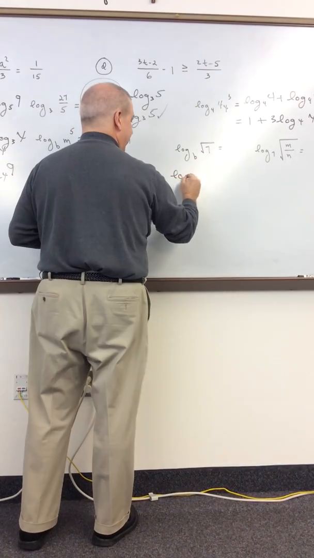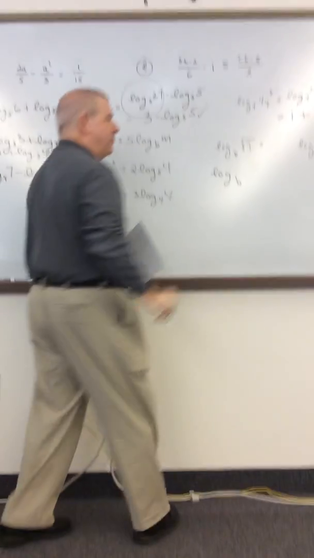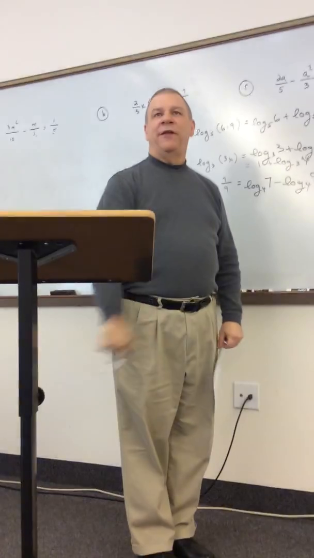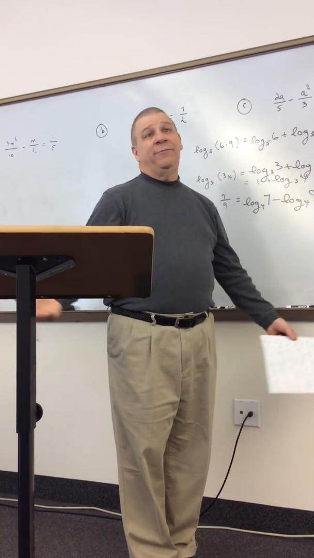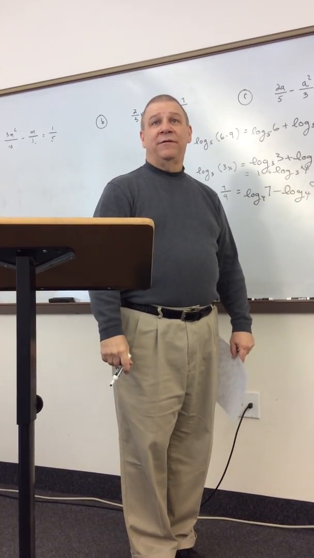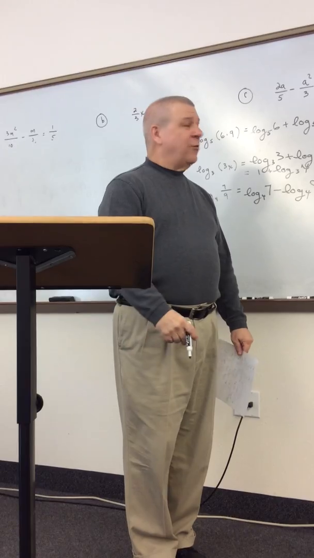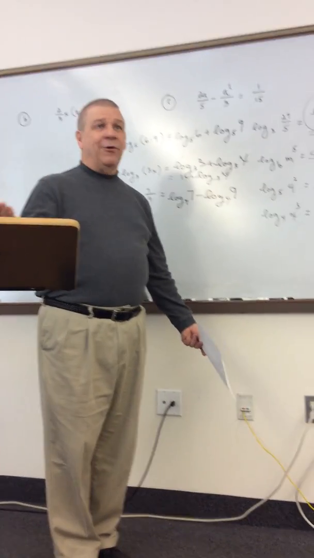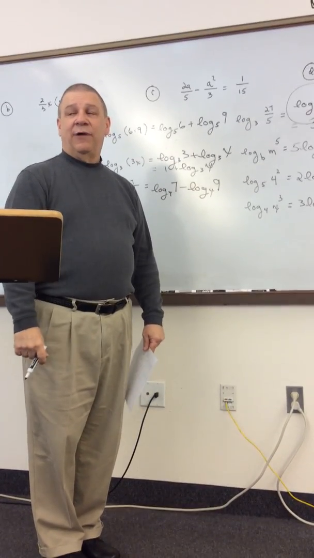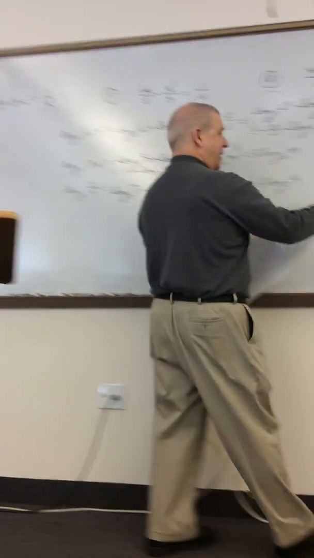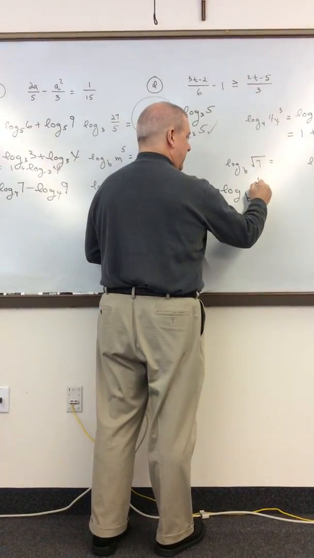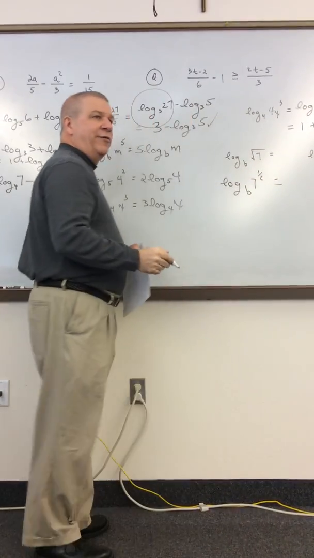So my question to you is here, log to the base b. What's the square root of 7 with a power on it? This is everything we've been doing for the last couple weeks now. What's the square root of 7 with something to a power on it? Quinn? 7 to the 1/2. So now go ahead and use your property.